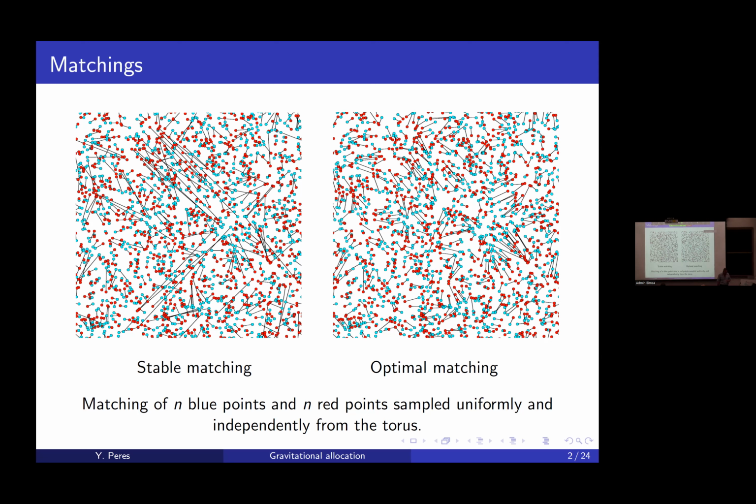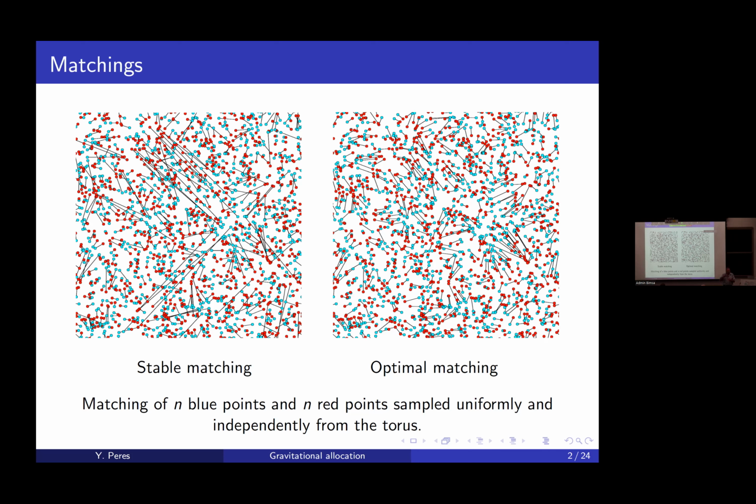I'll say this in a future slide, but let me just say this in words now. A pair, a blue and red point that are not matched, are called unstable if they are closer to each other than to their respective matches. Think of blues and reds as agents, men and women, buyers and sellers.